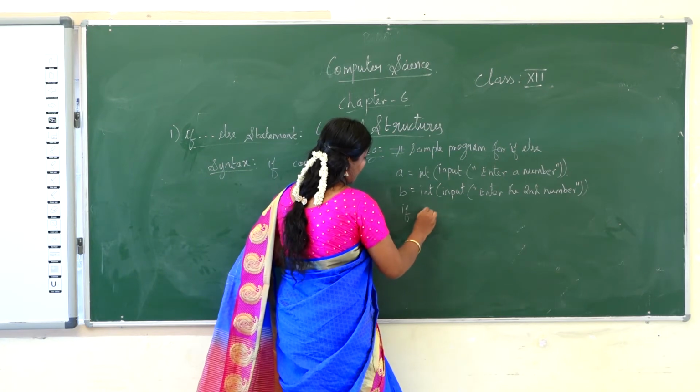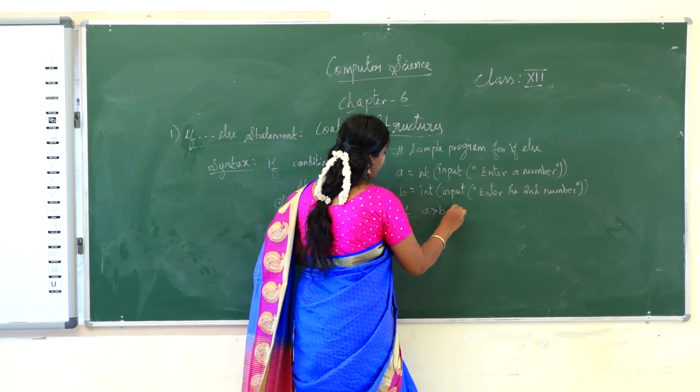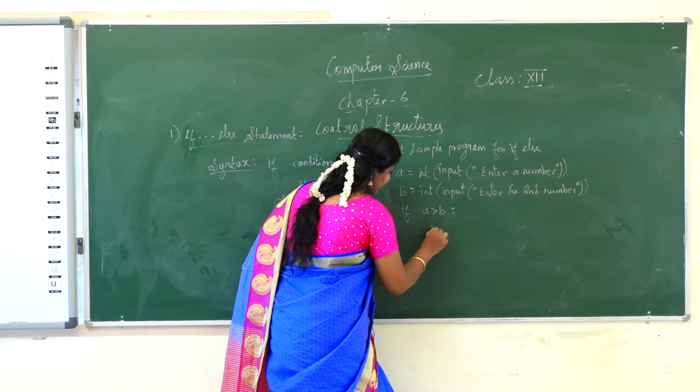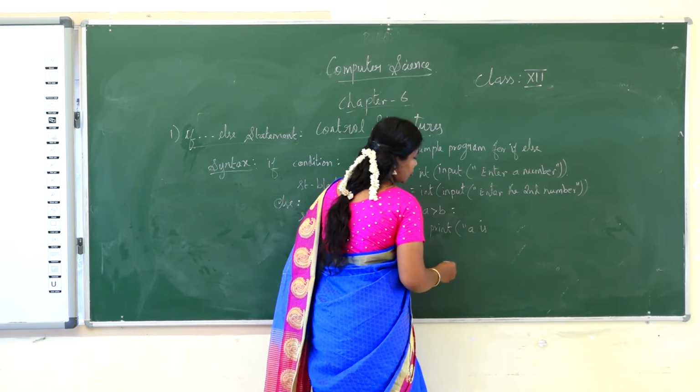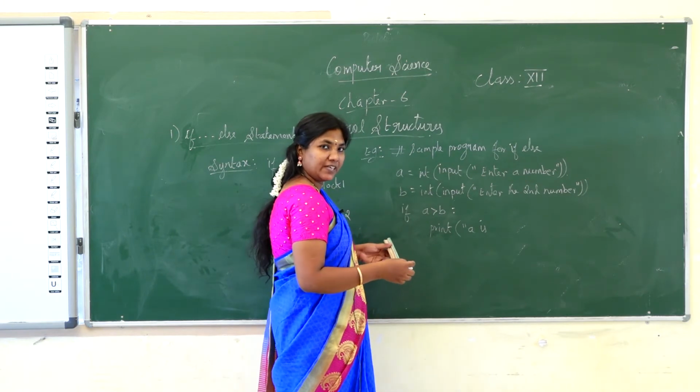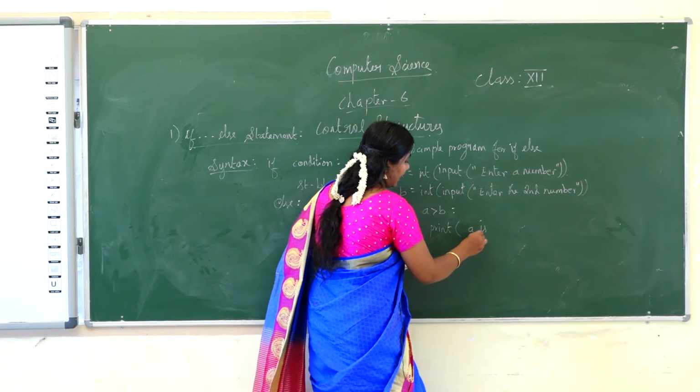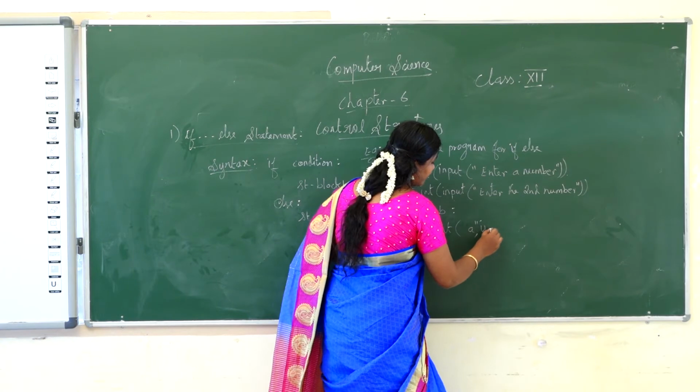So if A greater than B colon, I am asking to print A is greater. So if you want the value A to be printed, first you have to give A and then within the double quotes you have to give is greater.